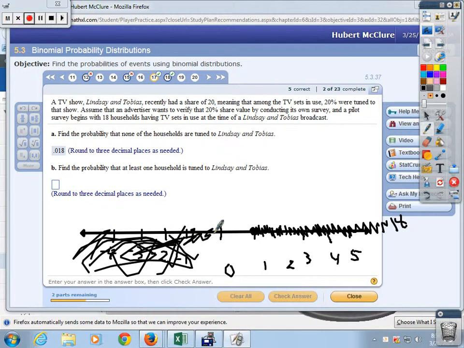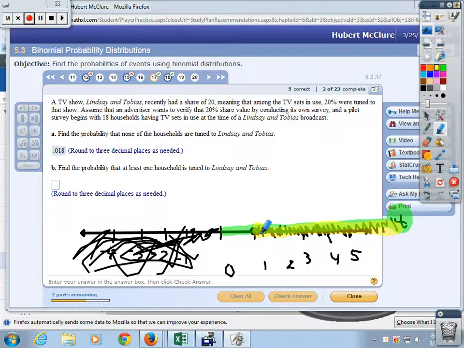Okay? Alright. So, let me fix this because this is driving me bananas. Your population is from 0 to what? 18. You want to know from 1 to 18, right?